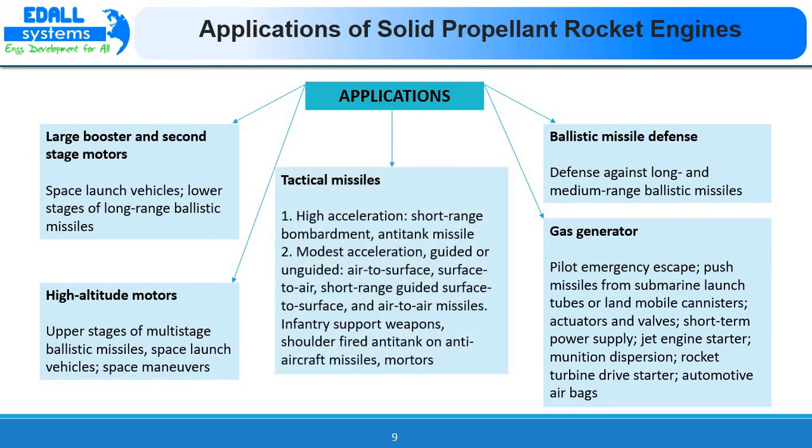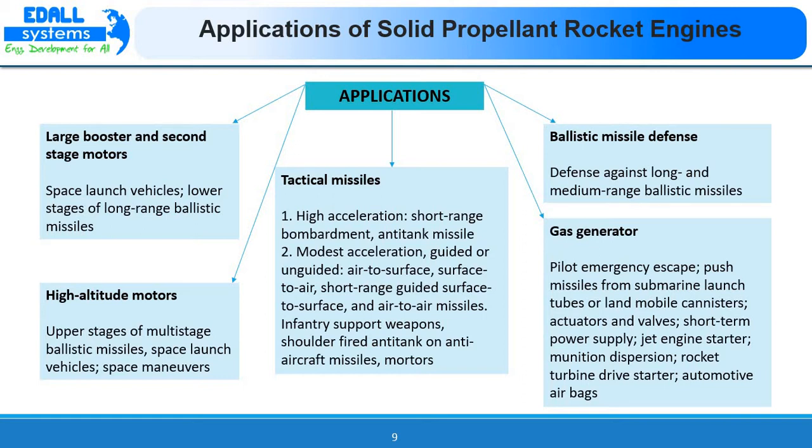Then it can be used for some tactical missiles where high acceleration is needed, that is, short range bombardment and anti-tank missiles, and it can also be used for modest acceleration, that is, guided or unguided, air to surface, surface to air, short range guided surface to surface, and air to air missiles. Again, under tactical missiles, it can be used for infantry support weapons and shoulder fired anti-tank or anti-aircraft missiles or motors.